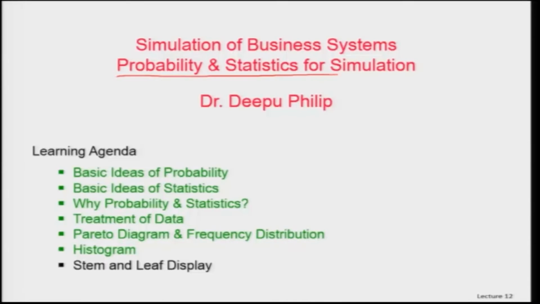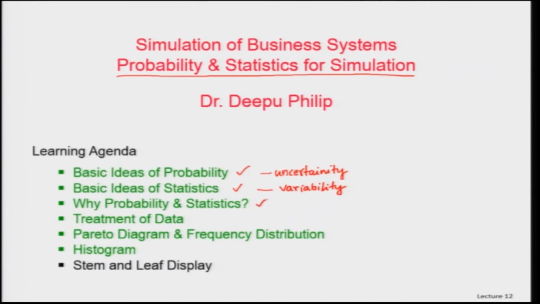So today, if you look into today's learning agenda, it will be probability and statistics for simulation. That was the lecture that we were going through. We have already covered the basic ideas of probability, why probability and uncertainty. We discussed this uncertainty. Then we talked about the basic idea of statistics, the concept of variability and why statistics is necessary to deal with variability.